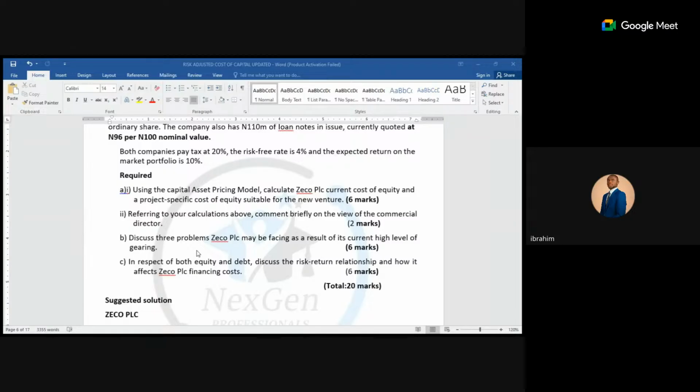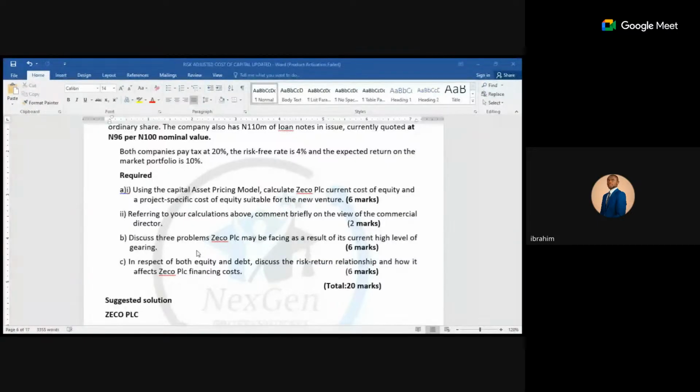And how does it affect Zeco PLC's financing cost? Class, how do equity and debt affect how the company sources for finance?